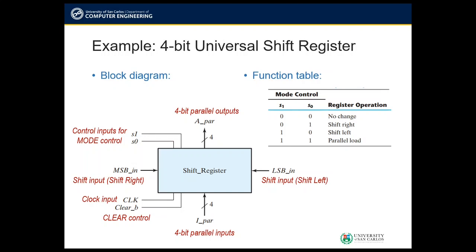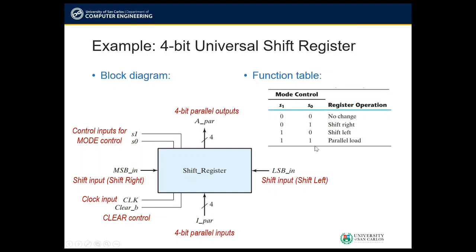So remember that the simplest configuration for a shift register is by cascading flip-flops. The simplest type of flip-flop would be the D flip-flop. If we connect or cascade the D flip-flops, we can have a unidirectional shift register. However, in this particular case, we have 4 different modes, so we need to select one of these 4 operations based on this mode control.